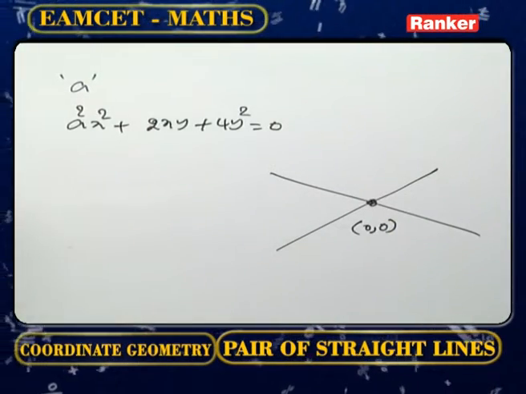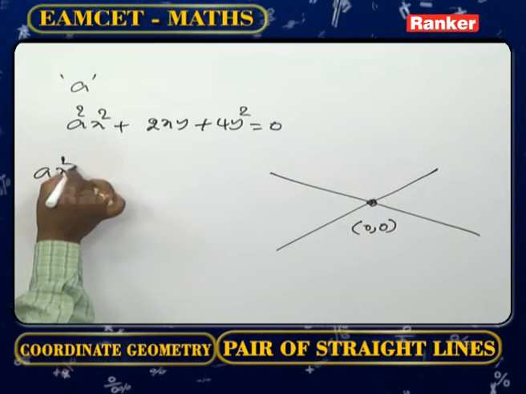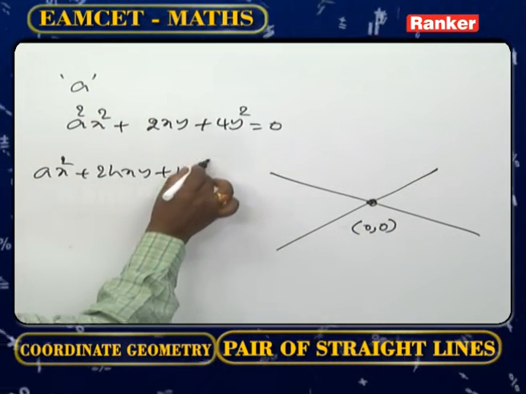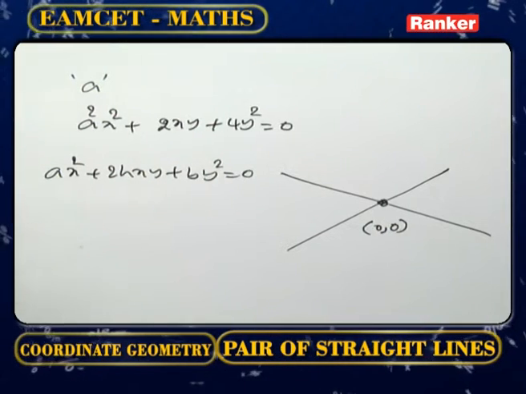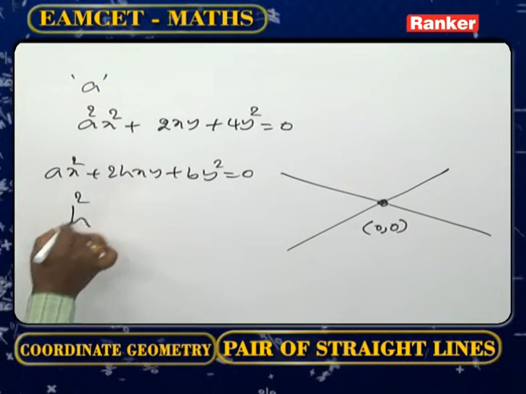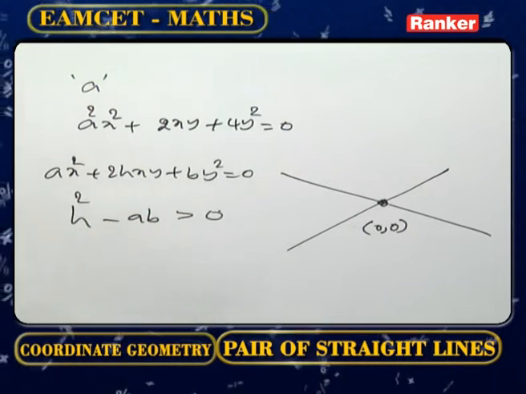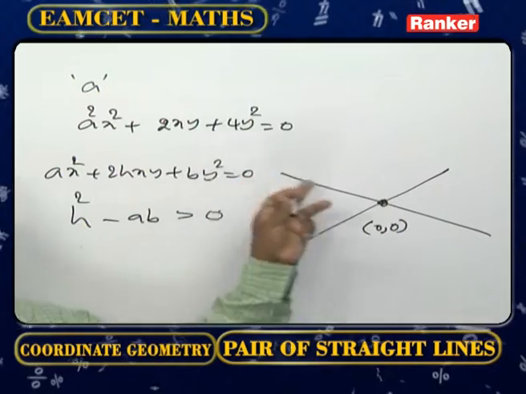Now for two distinct lines, if the pair of lines ax square plus 2hxy plus by square equals 0 represents two distinct lines, then compulsorily the condition h square minus ab must be greater than 0. H square minus ab greater than 0, the equation represents two distinct lines.